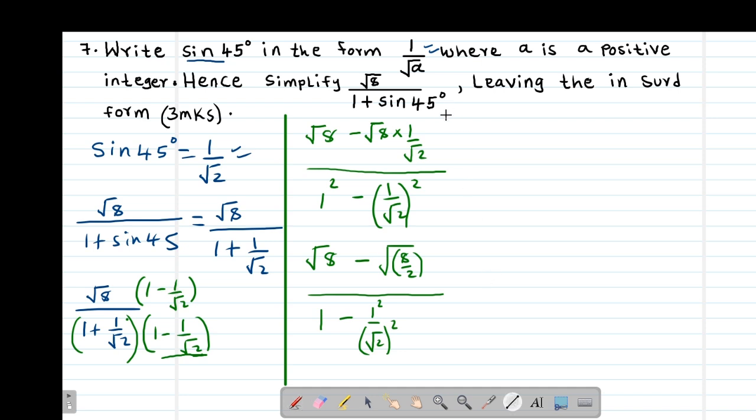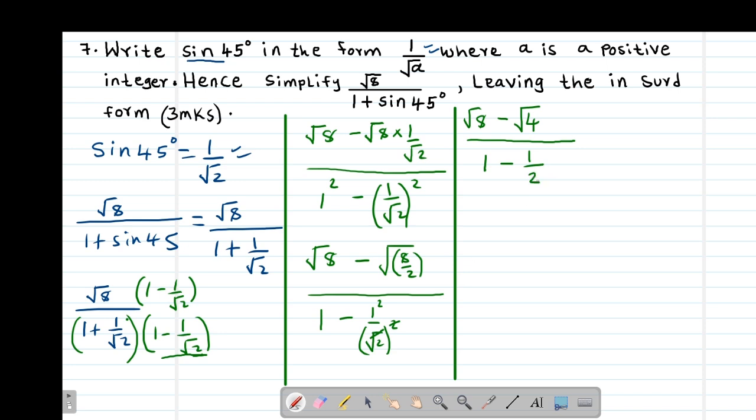So this will give us the root of 8 minus the root of 8 divided by 2, which gives 4. Then divided by 1 minus 1 squared, which is 1, over root 2 squared, so the square root and the square cancel out, and this will remain a half.